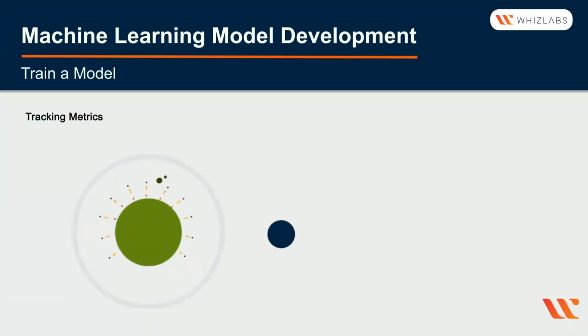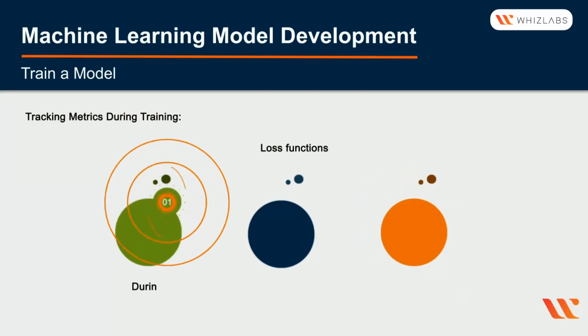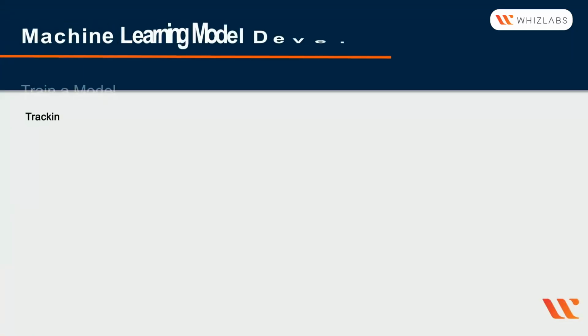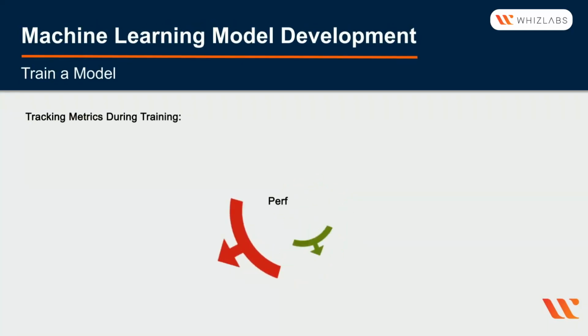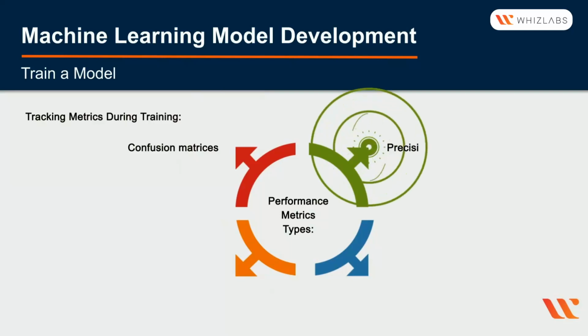Now the second metric is the loss function, which is used during the training, harder to understand and indirectly connected to the business goals. Performance metric types. Confusion matrices, then the precision, which means true positives divided by all positive predictions.